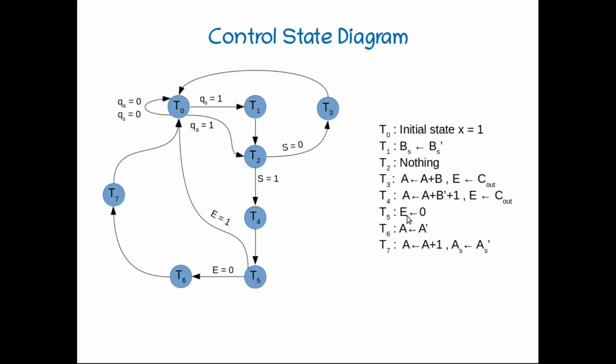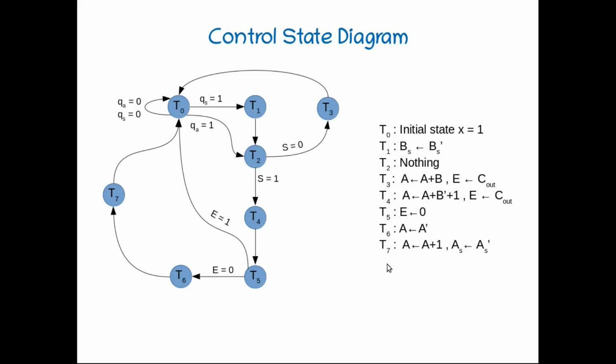We have just moved that operation into T5, because previously in T5 we were performing nothing. That was used only for decision making, E is equal to 0 or E is equal to 1, but we are just moving E is equal to 0 into here, and we can remove T8 from our state transition diagram.